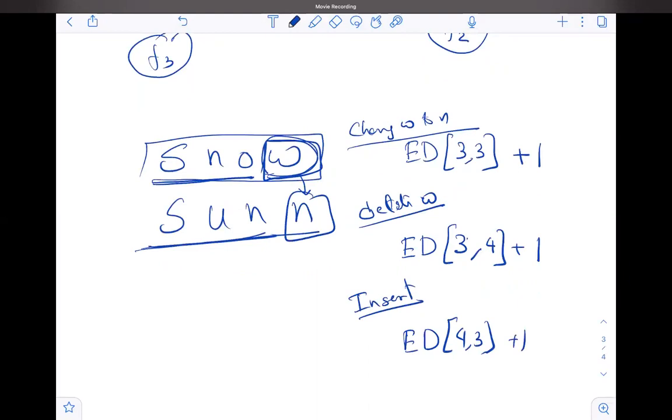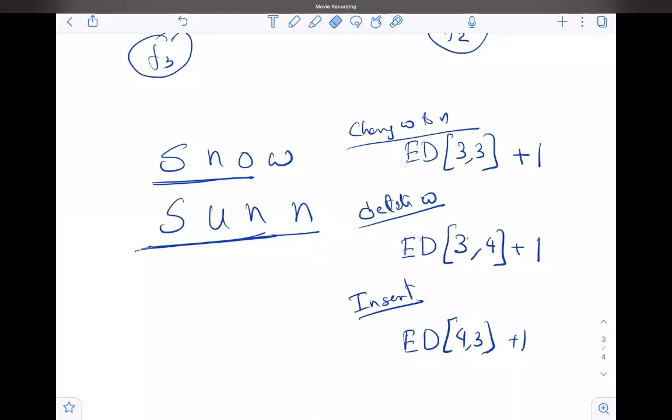Sir, could you repeat this insertion thing? Yes. At the end of the day, the last thing, in SNOW, the W has to become N. So the last thing has to become N somehow.